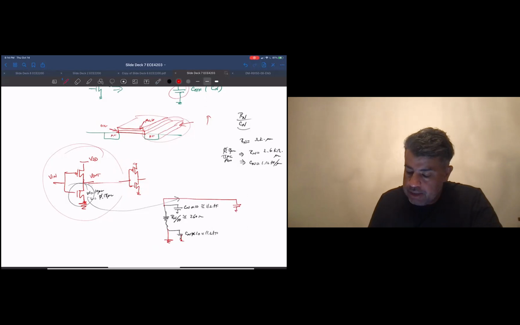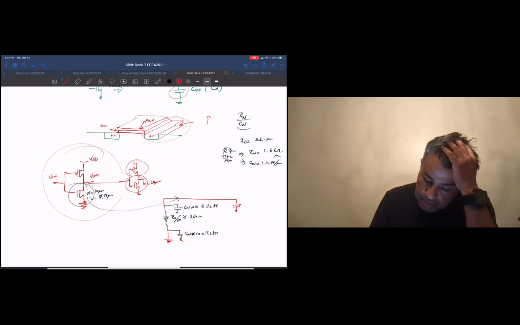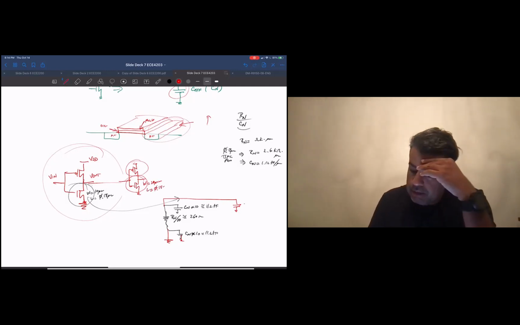So I'll have a C sub G for what I'm driving. Let's say this is 10 micron wide, and this is 20 micron wide. I'm driving a bigger inverter, so the C sub Gn that I'm driving is going to be 20 times C sub G.